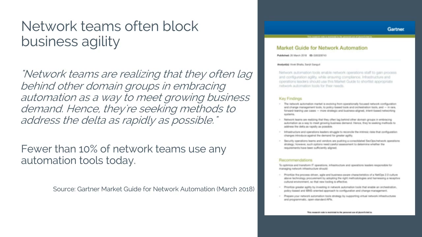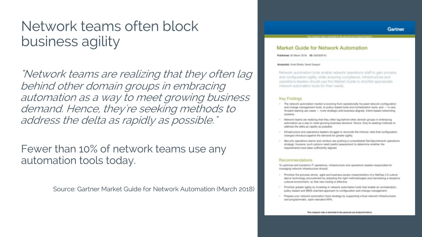And the issue is that effectively network teams have often been a little bit slower than some of the other domain areas like systems administrators or developers in automating their work. And this is a quote from Gartner, and Gartner says, network teams realize that they're often lagging behind these other domain groups in embracing automation to meet the growing business demand.